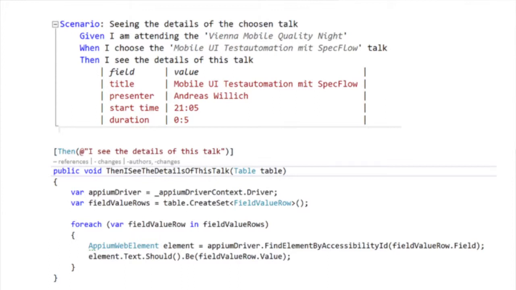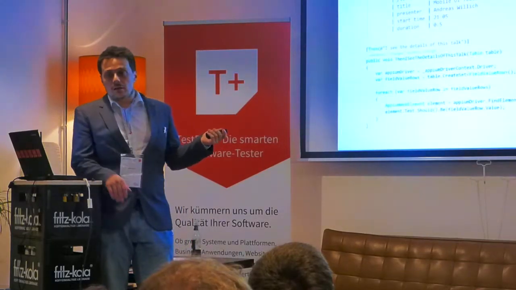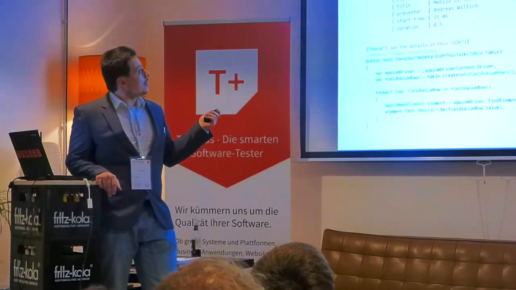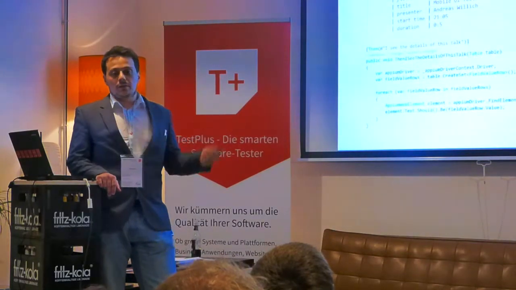This step has a table as argument, and when this test gets executed, we get this table as a parameter, and with this data, we can then do our assertion. In this case, we're searching for some fields and testing if the text is correct. Such bindings are global, so you can reuse the different steps in other scenarios.